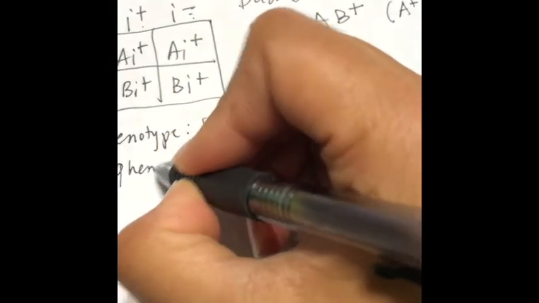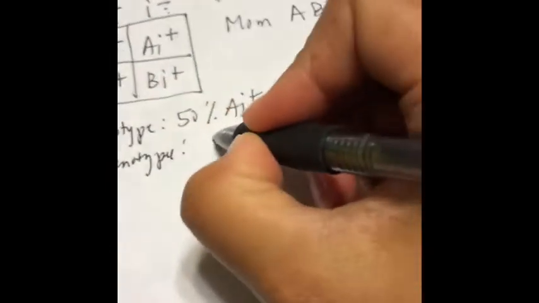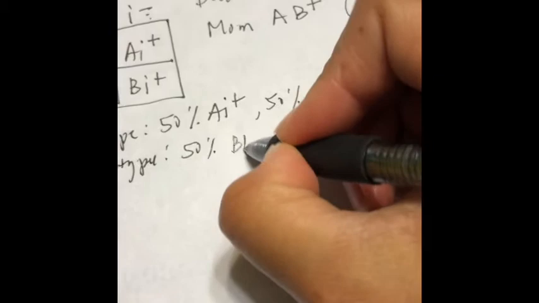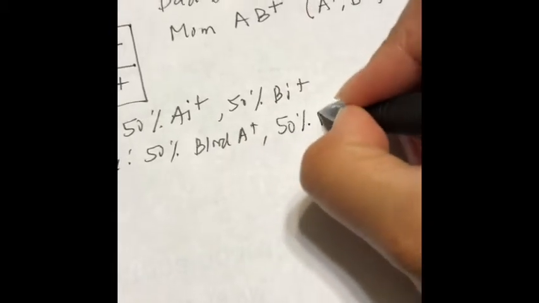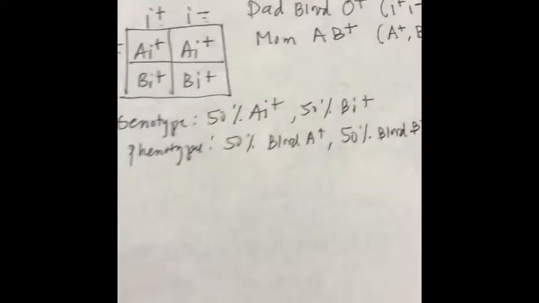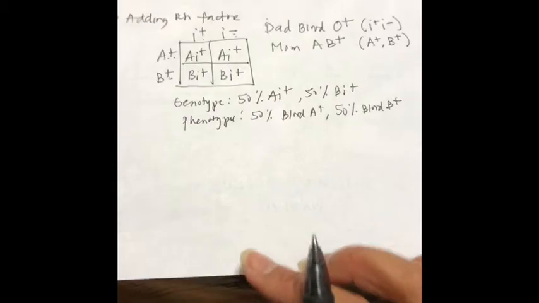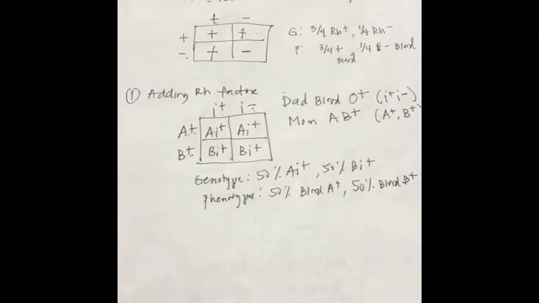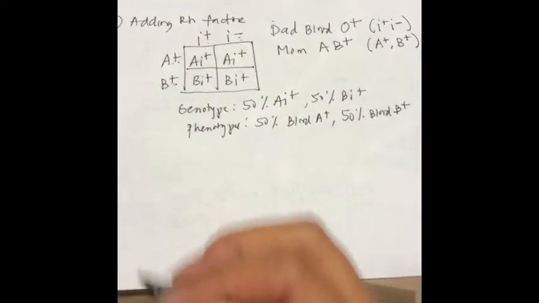In the phenotype, this would now be blood type A positive, and this would be blood type B positive. Okay, as the example. So that's adding the Rh factor.